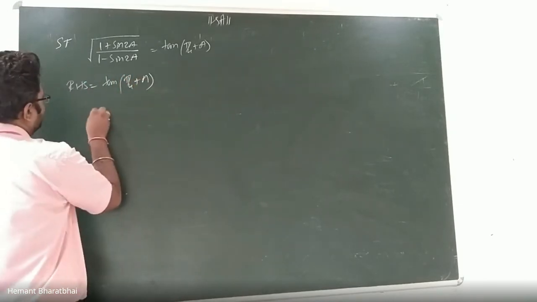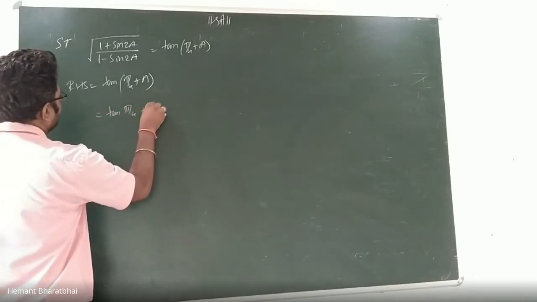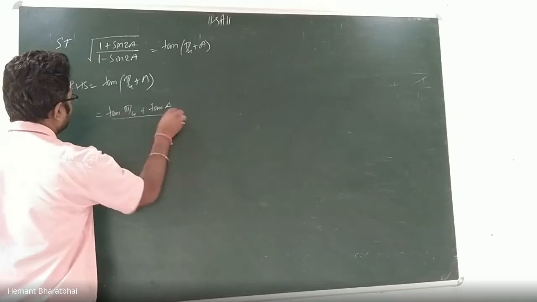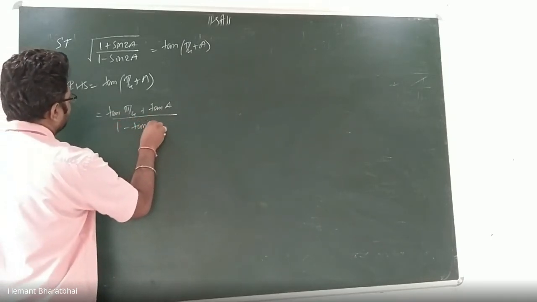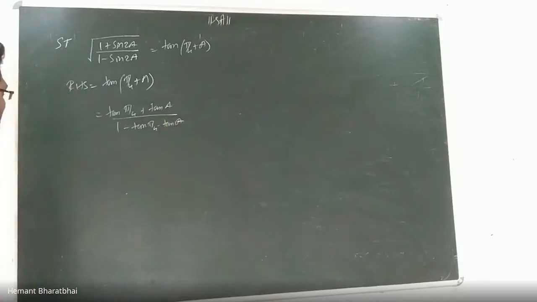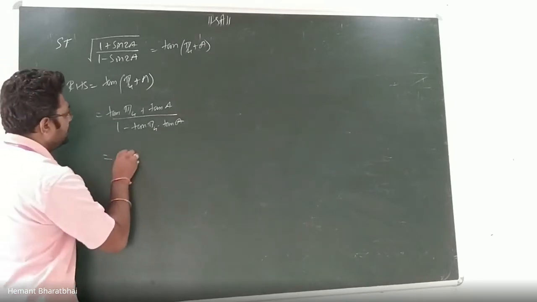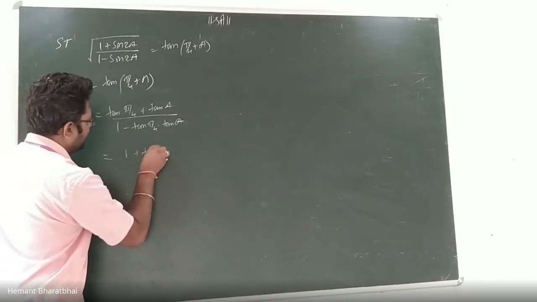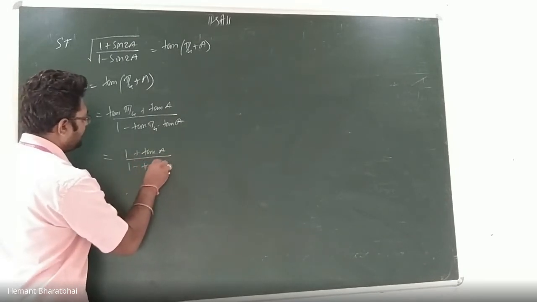So that by formula can be written as tan of pi by 4 plus tan of a upon 1 minus tan of pi by 4 into tan of a. So it can furthermore be written as, tan of pi by 4 is 1, so 1 plus tan of a upon 1 minus tan of a.